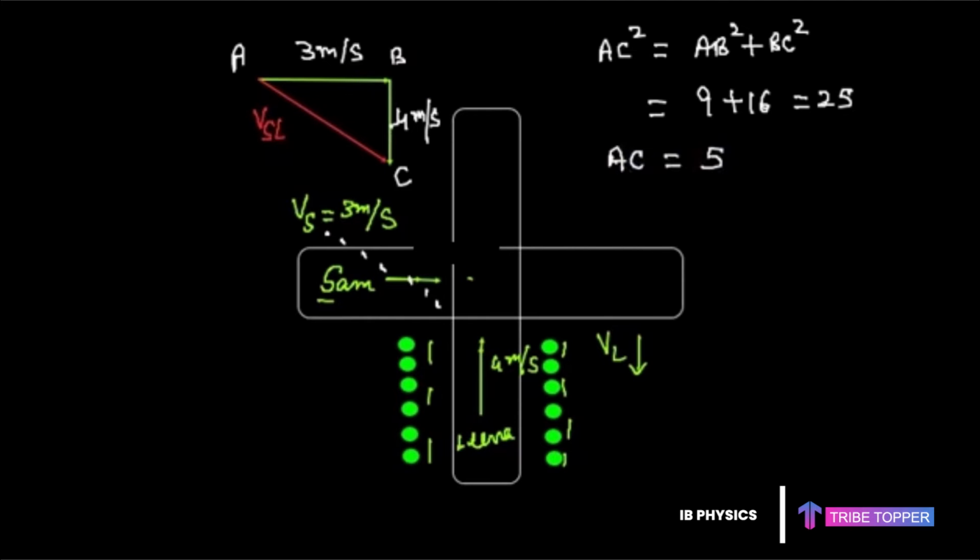So the velocity of Sam with respect to Lena is 5 meters per second. That's the relative velocity you find out in two dimensions. And we can just see a numerical here, how we apply this in our life.